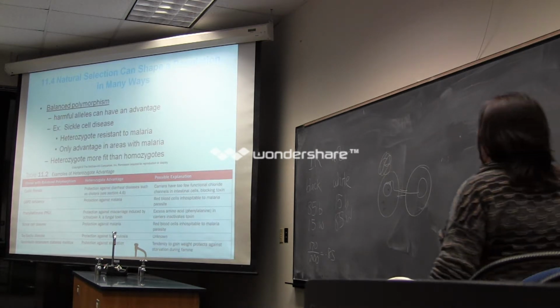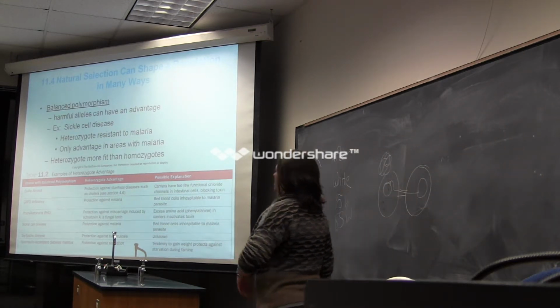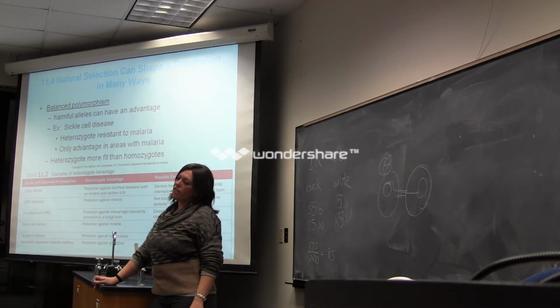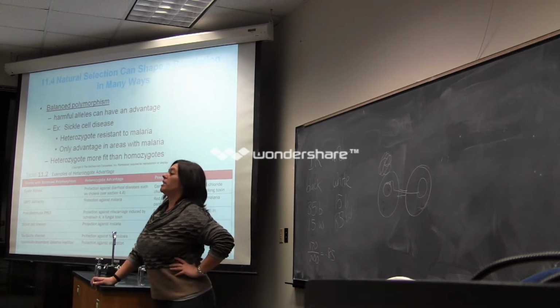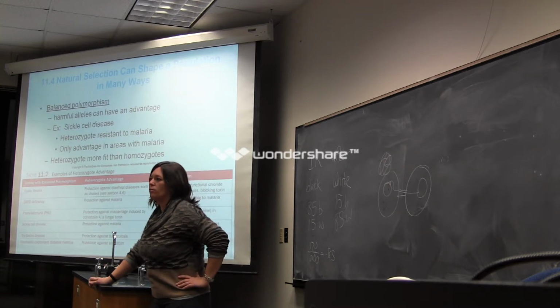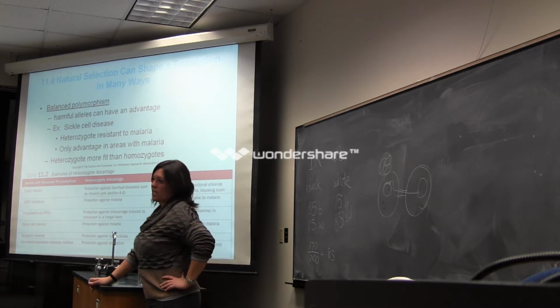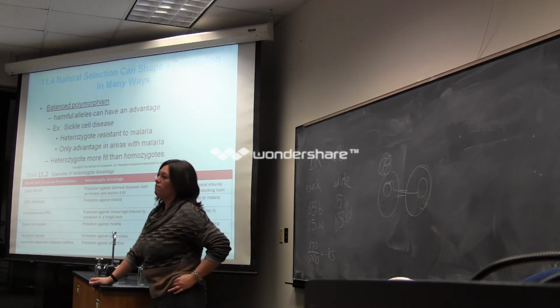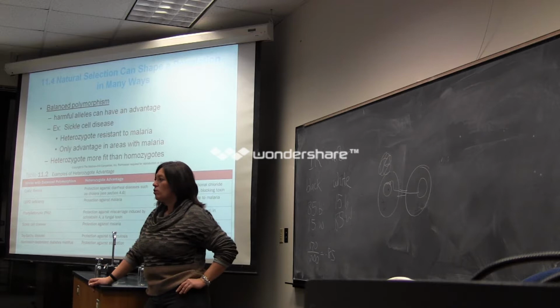Okay, so some individuals, this is getting back a little more to the genetic stuff. Some individuals that are heterozygous for a particular trait, they're carriers in other words, so they're not affected by anything, but sometimes these heterozygotes actually have beneficial survival qualities.